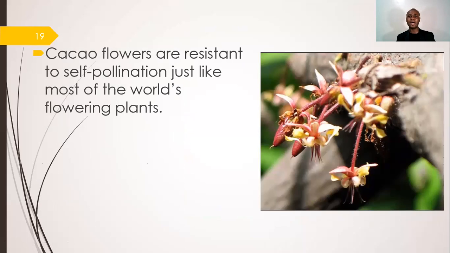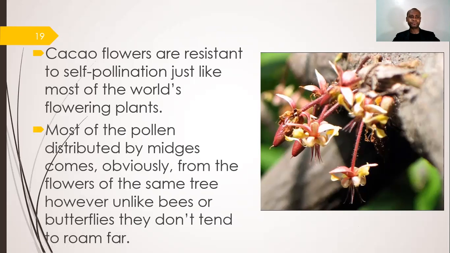Cacao flowers are resistant to self-pollination, just like most of the world's flowering plants. If the pollen from flower A falls on the female part of flower B on the same tree, then the flower is going to die.